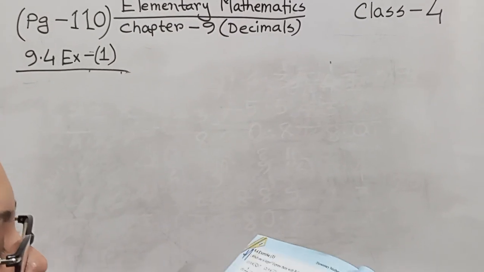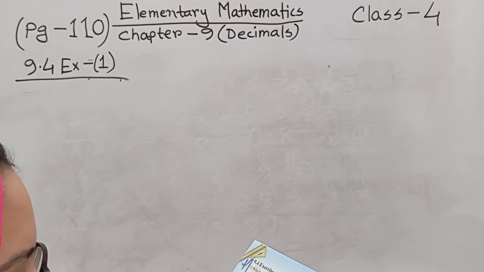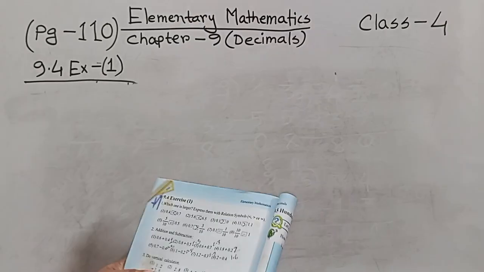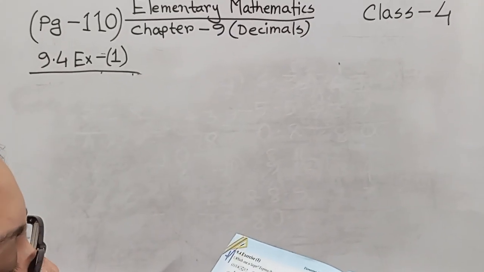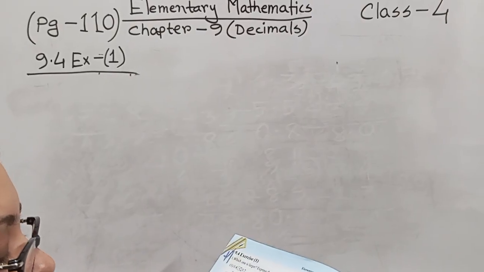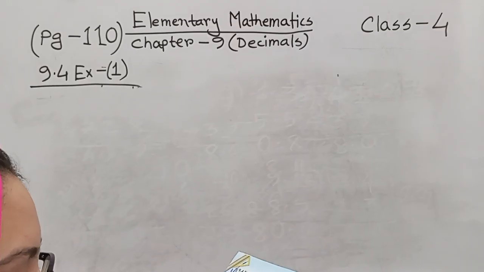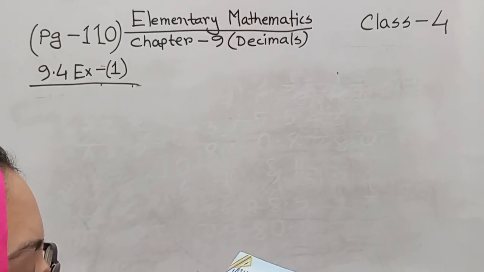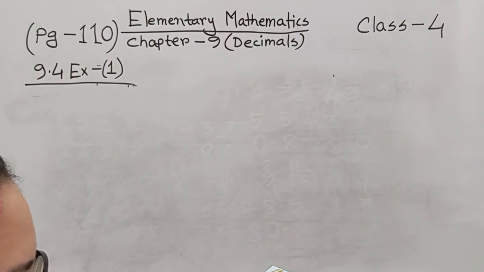Now we will do question number 4. This is structured math. Gautam's house is 8.2 km to the west of the school. Shima's house is 9 km to the east of the school. So 1.